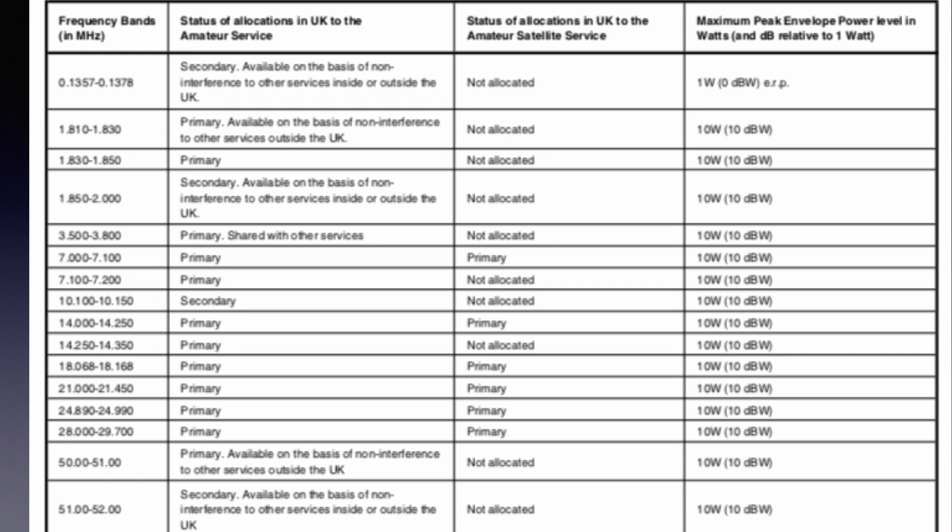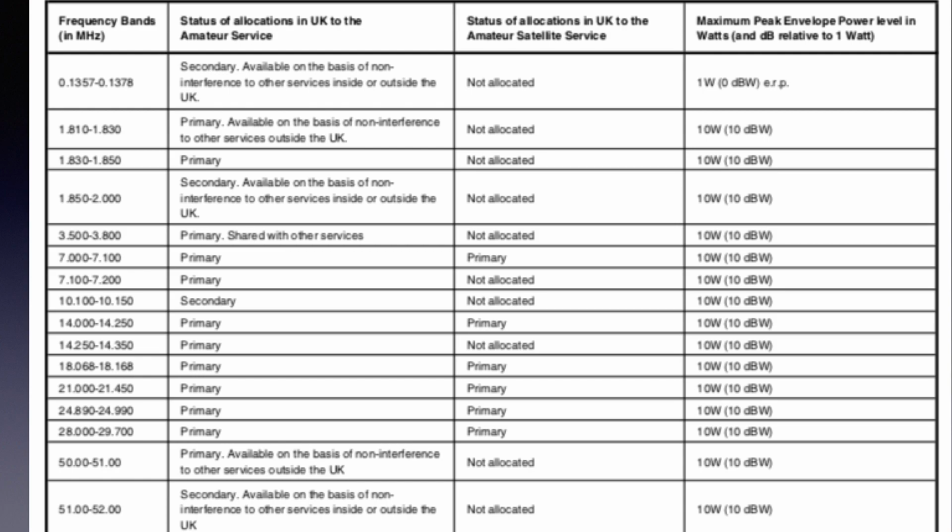So if you look down then, 7.050, you would find is between 7 and 7.1. So that's the 1, 2, 3, 4, 5, 6th row down. And you move across to the third column and you see it would be primary. So that might be a possible question.